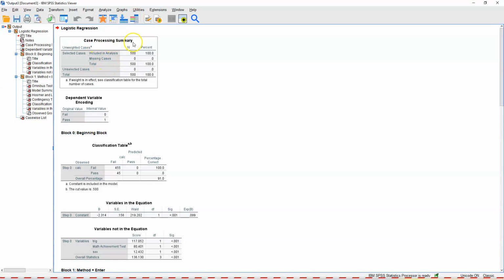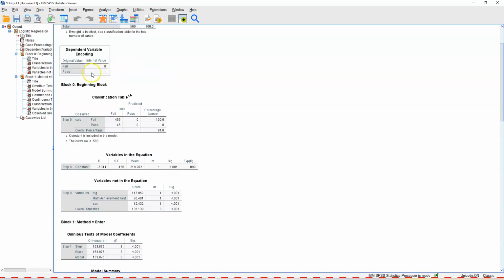Case processing summary. We have 50. Right here, dependent variable calculus, 0 for fail, 1 for pass. Right here, our classification table. As you can see, this is the intercept, this is the null, this is block 0.